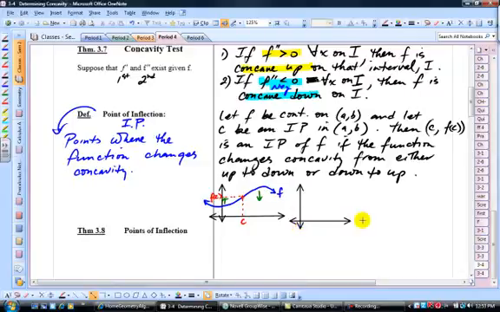Suppose we have something that looks like this. Where we have a change in concavity right about here, where the slope of the tangent line is horizontal. In this case, f prime is equal to 0.